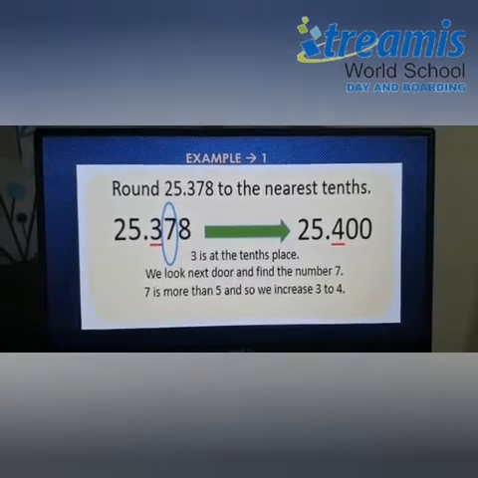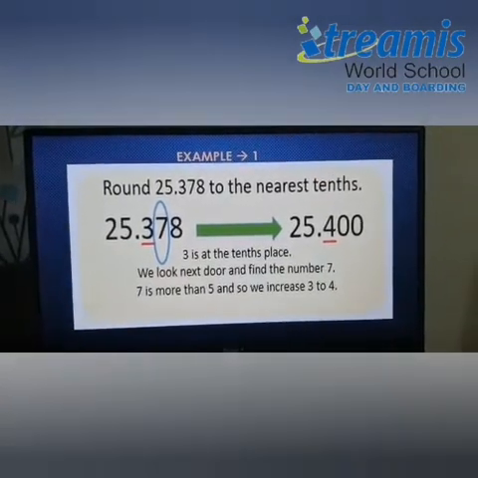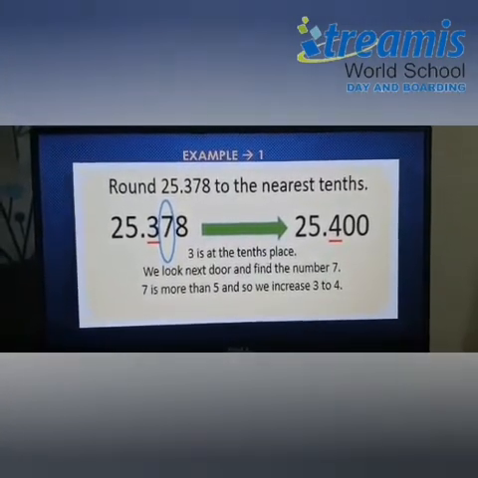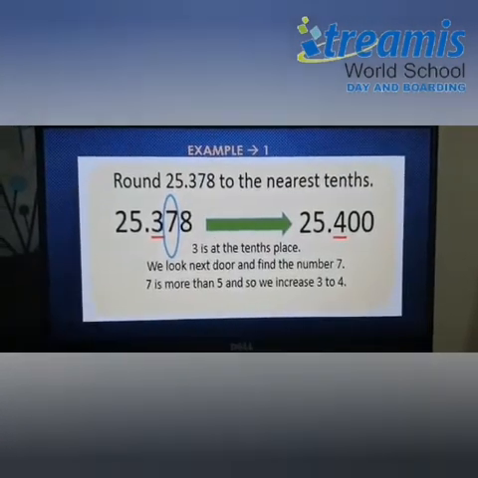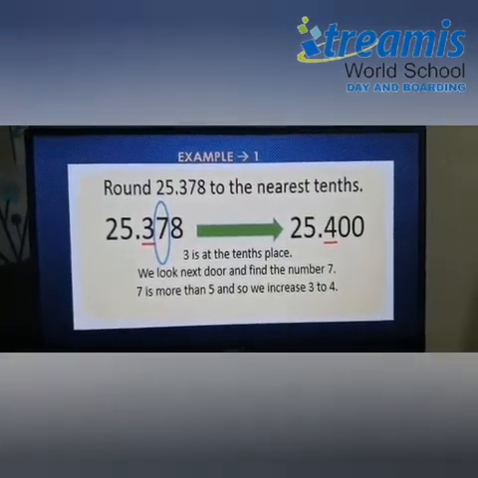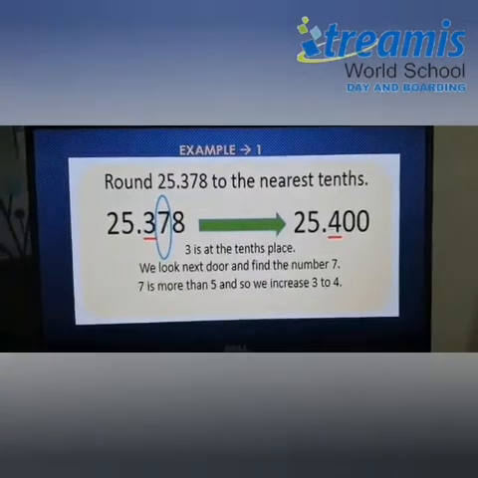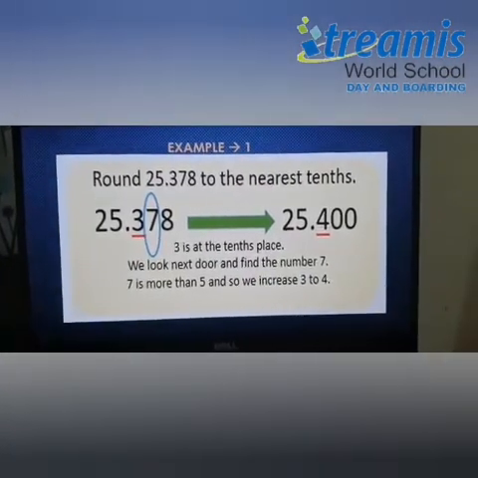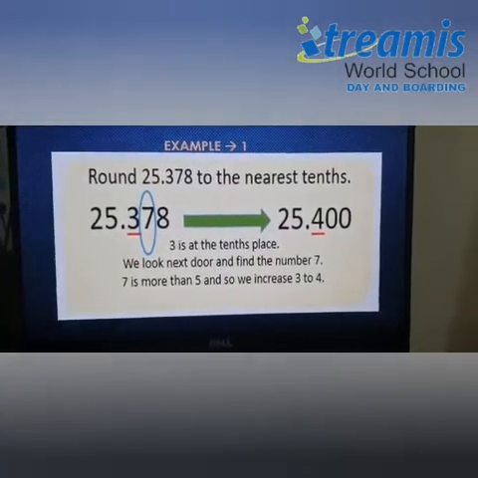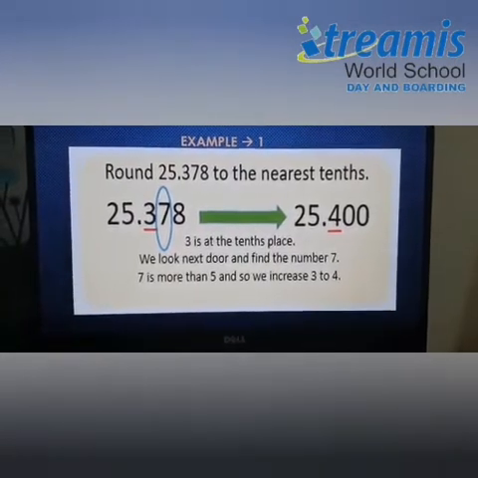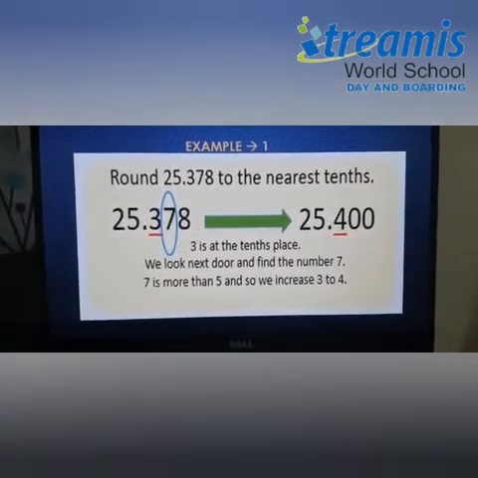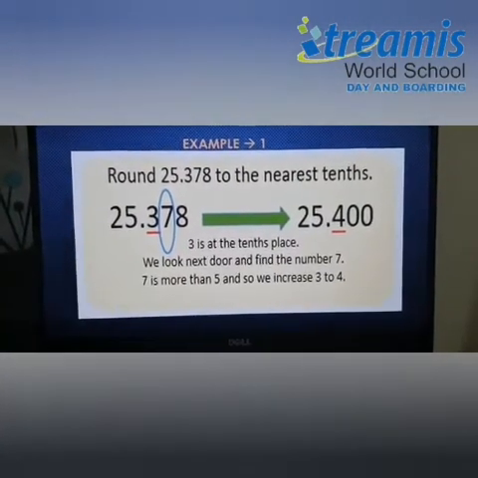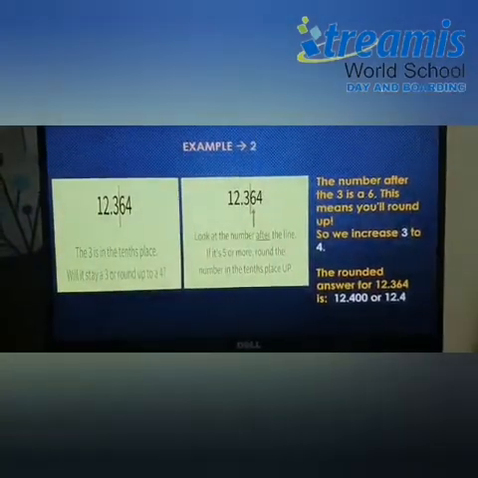So after 3, the next number is 7. Since 7 is more than 5, we increase 3 to 4. So the answer is 25.400, or we can also write it as 25.4.